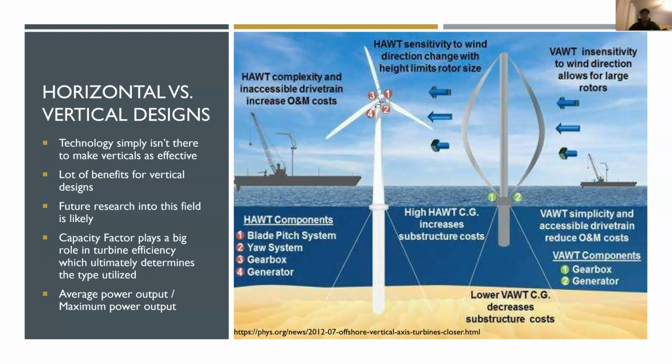And the capacity factor is basically the average power output of the turbine over maximum power output at any specific time during operation. And the most common numbers for a horizontal turbine are anywhere from 0.26 to 0.52 for capacity factor.